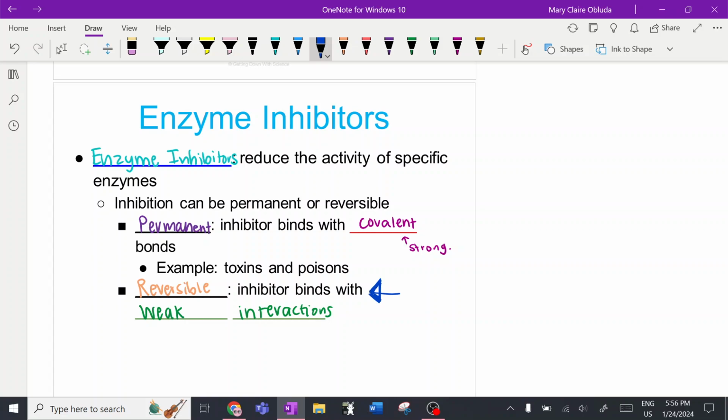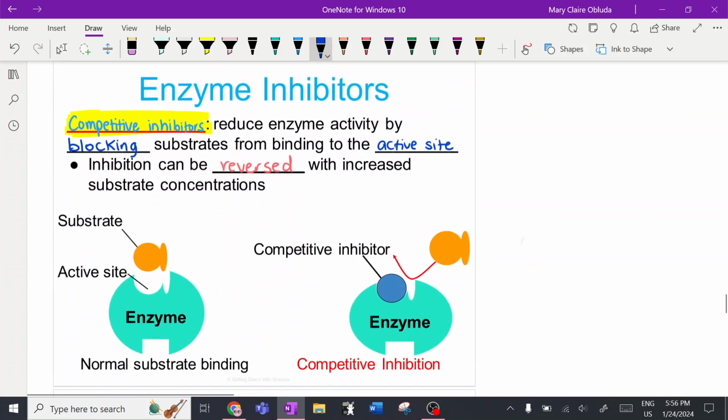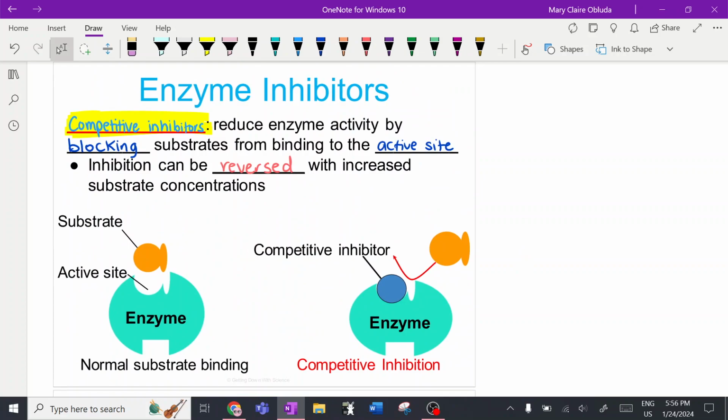So this is just weak interactions. Competitive inhibitors reduce enzyme activity by blocking substrates directly from binding to the active site. And how would they do this? By binding to the active site themselves. These can be reversed with increased substrate concentrations, and I'll show you about that.